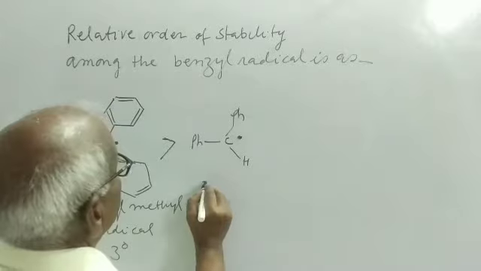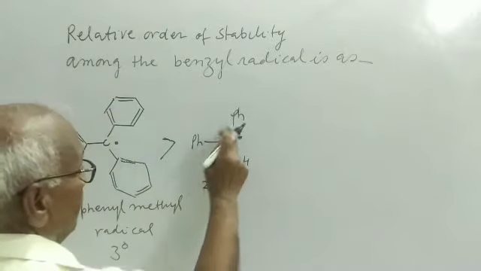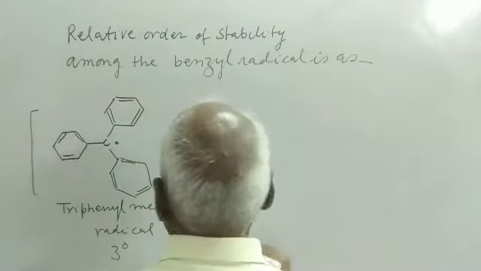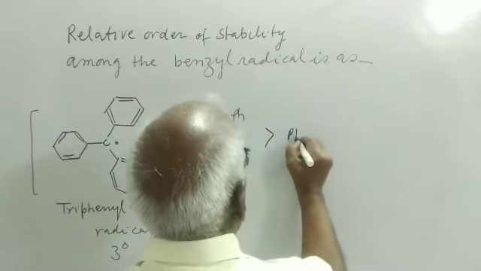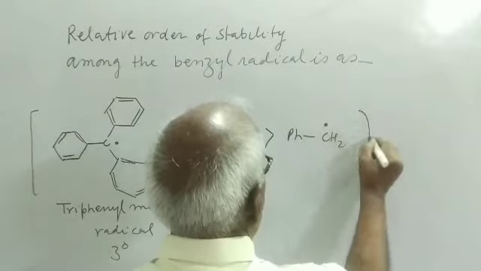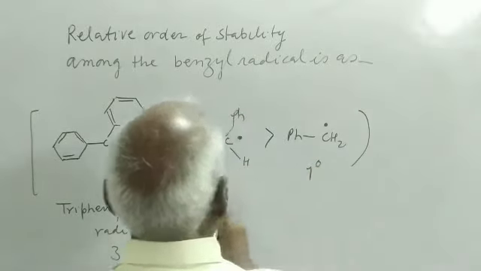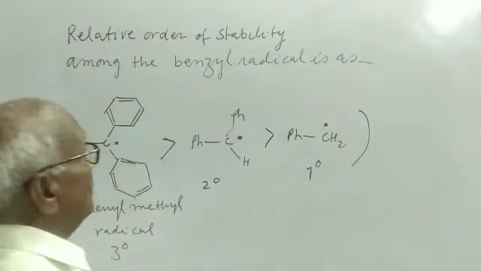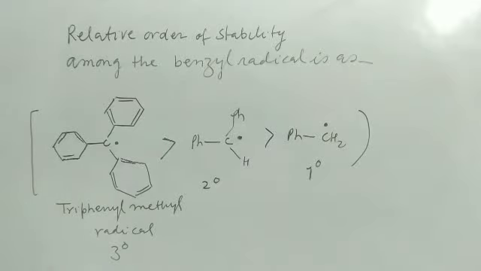This is 2 degree, the diphenyl methyl radical, and this is 1 degree, the benzyl free radical. So this is the order of stability among the benzylic radicals.